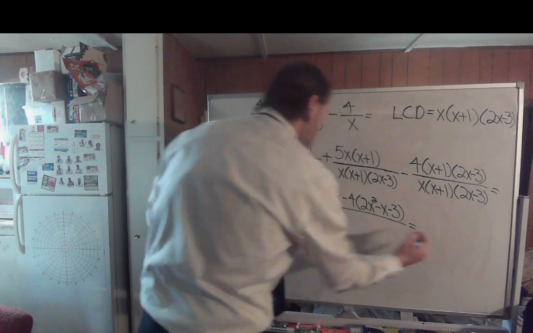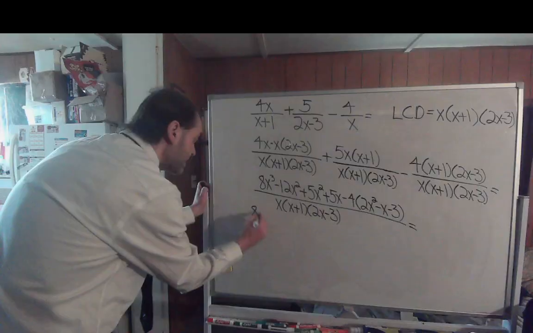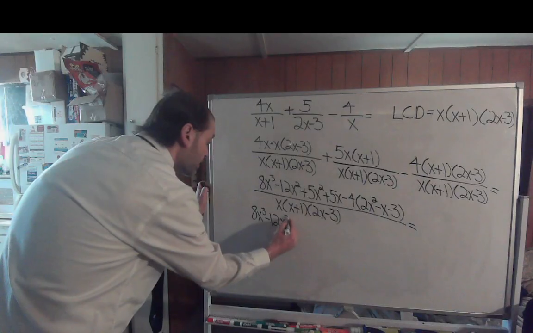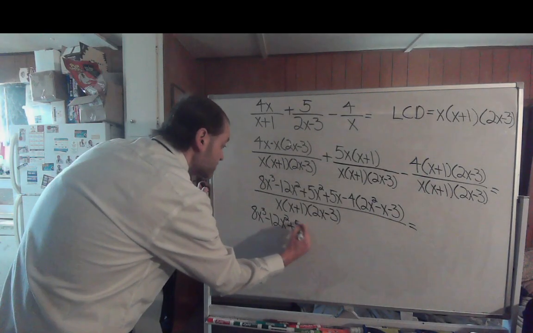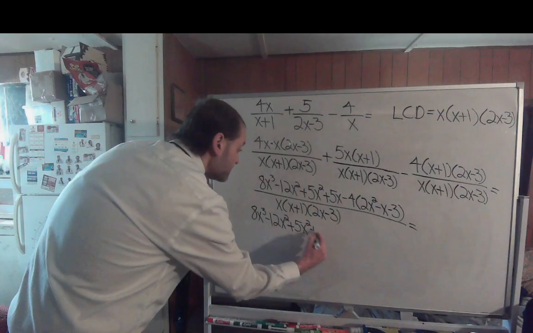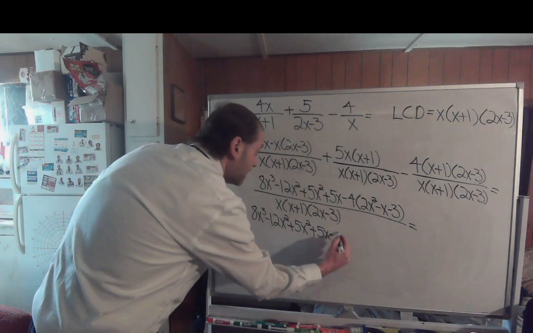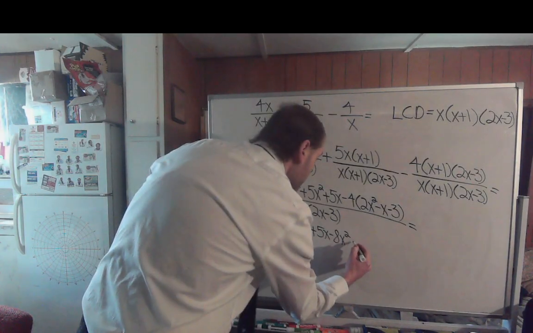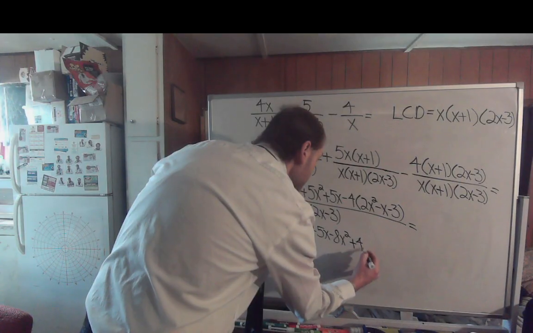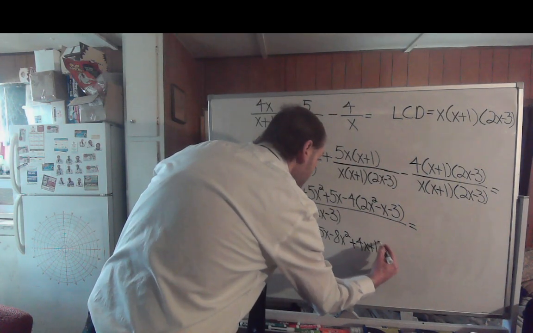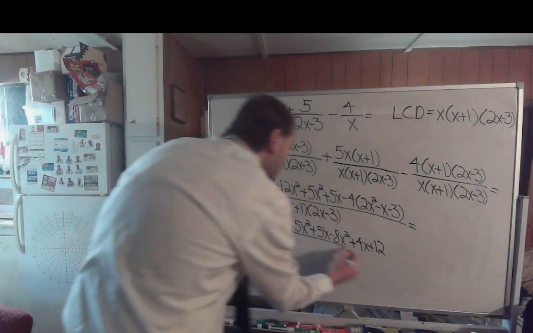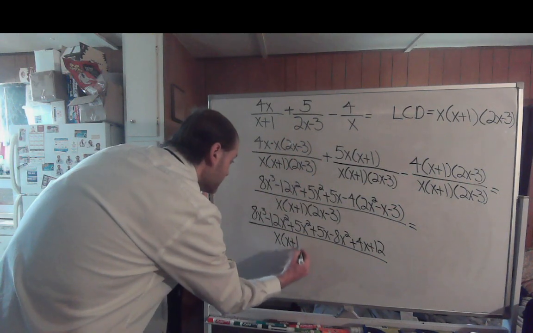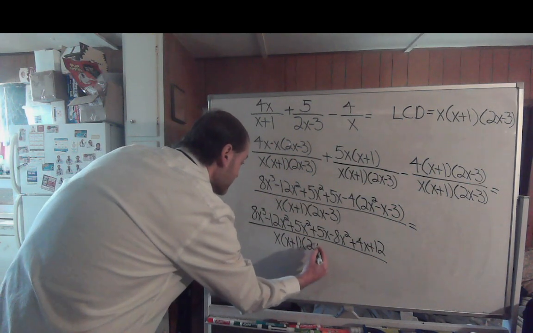Which, let's simplify a bit further. This would be 8x to the third minus 12x squared plus 5x squared plus 5x minus 8x squared plus 4x plus 12 all over x times (x plus 1) times (2x minus 3).